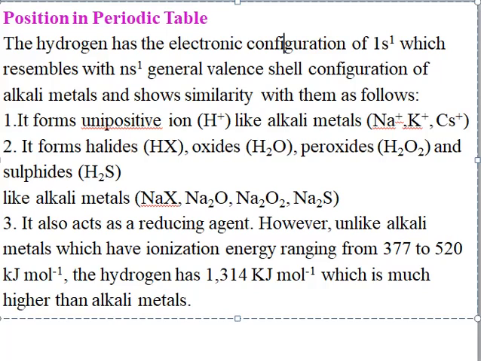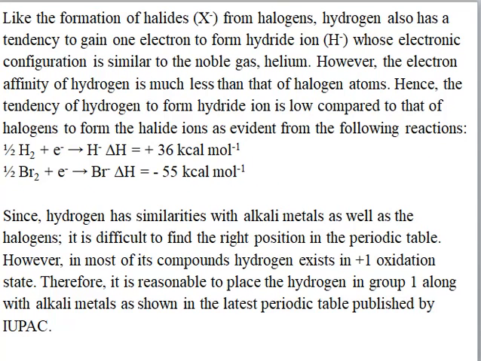So though it forms a unipositive ion like the alkali metals, forms halides, oxides, peroxides and is also a reducing agent, the ionization energy differs greatly. Now let us see how it has properties like the halogens.